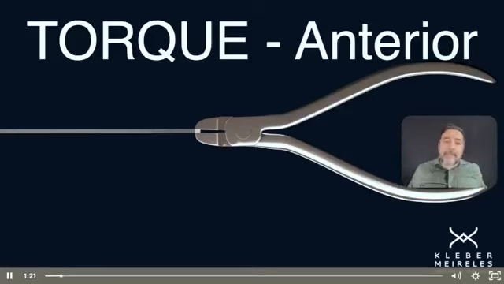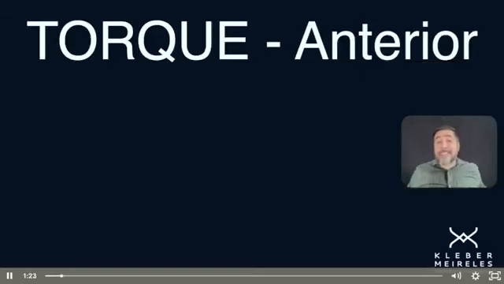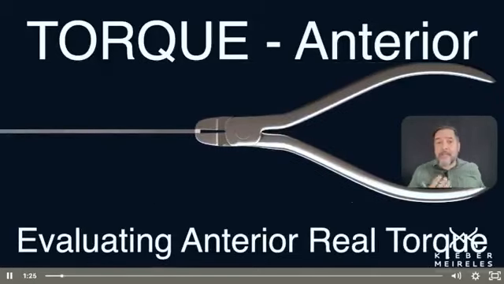The real torque is applied in the wire, and the way to assess, to understand, to evaluate the real torque is with the plier, grabbing the wire with the pliers and seeing in which position the other tip of the wire is passing in relation to the center of the pliers.